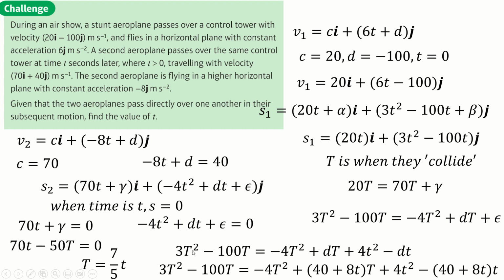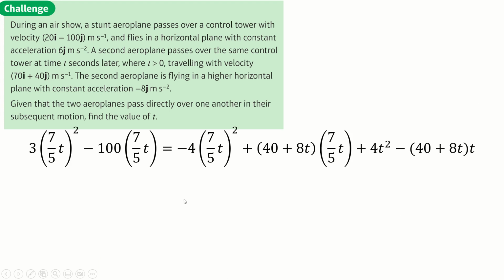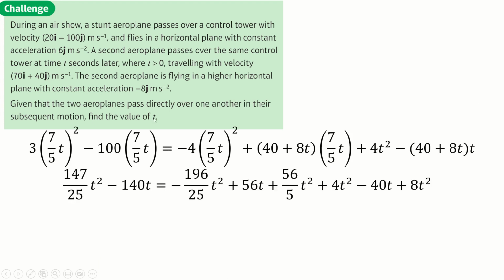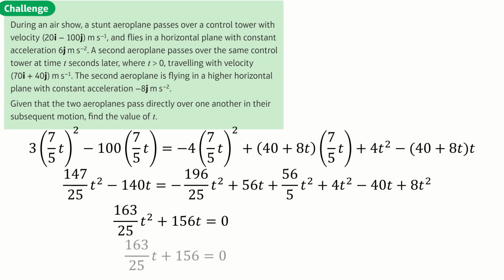So here I've got big T, little t, and D. I can get rid of all those variables except for little t by putting in this value for big T and 40 plus 8t for D. I'll end up with just an equation of t, which is good because I'm trying to solve for D. So I'll just expand all that out, collect some stuff together, and solve it, dividing by t because apparently t equals 0 is a fake solution, and we'll end up with this value of t.